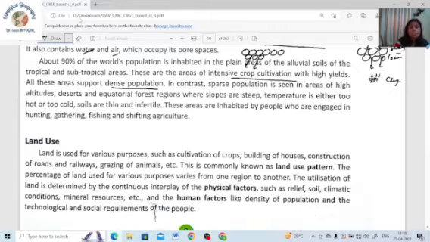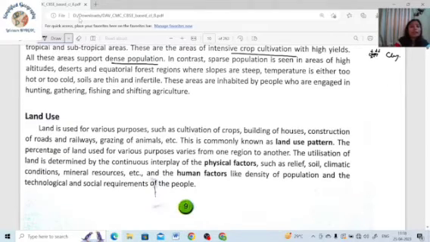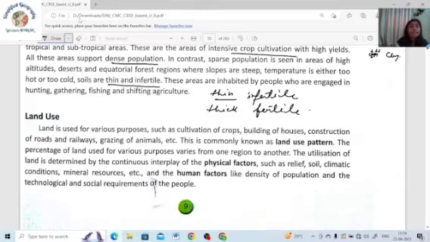In contrast, sparse population is seen in areas of high altitudes, deserts and equatorial forest regions, where slopes are steep, the temperature is either too high or too cold, and soils are very thin and infertile. As we see in the desert or mountainous terrain, soils are very thin and infertile. But in the plains, you will find that soil is very thick and remains very fertile in nature.